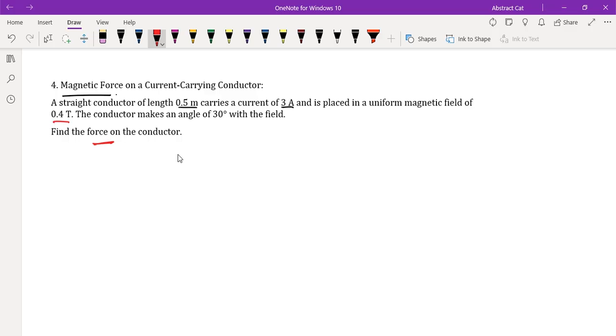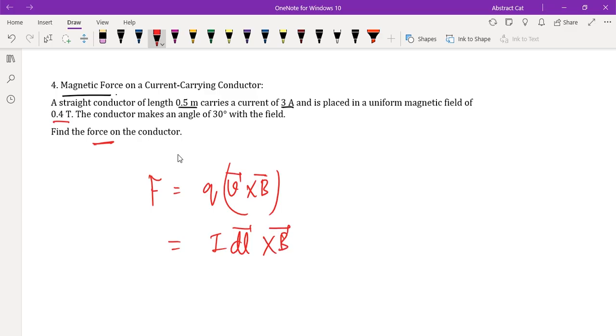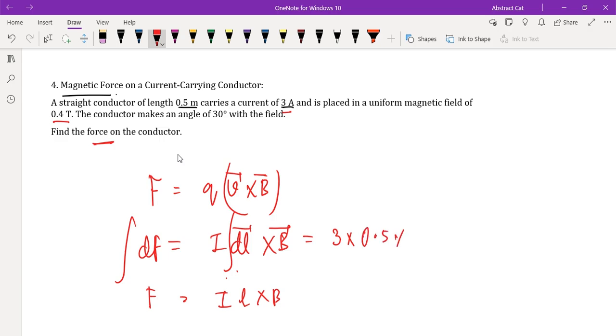Okay, that force is qvB, and another formula is I dL cross B. Here we use this because there is a current. Obviously, I is 3. Integrating, we get I L cross B. So L given is 0.5 and B magnetic field is 0.4 Tesla.